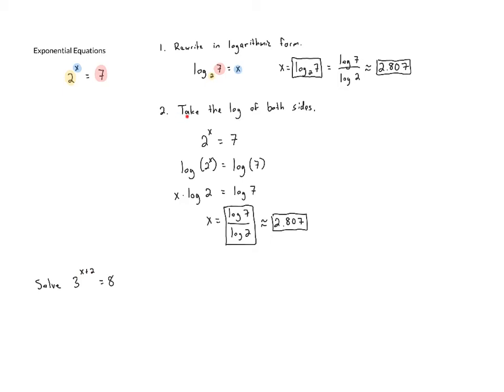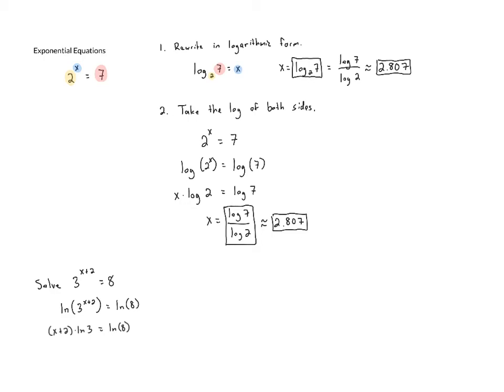To solve this, I'm going to take the logarithm of both sides, and I'm actually going to take the natural logarithm instead of the common logarithm just to demonstrate that we can use either. So here we've got ln of 3 to the x plus 2 equals ln of 8. And we can take the exponent and bring it out front as a coefficient. So that gives us x plus 2 times ln of 3 equals ln of 8.